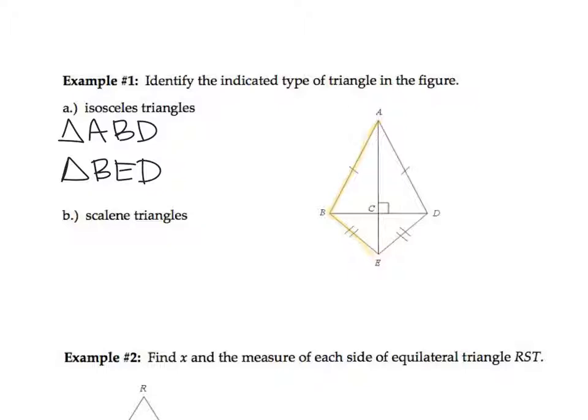And I can also have a triangle that contains sides AD and ED, since they are not necessarily congruent to one another. So that would be triangle ABE and triangle ADE. Those are also scalene.